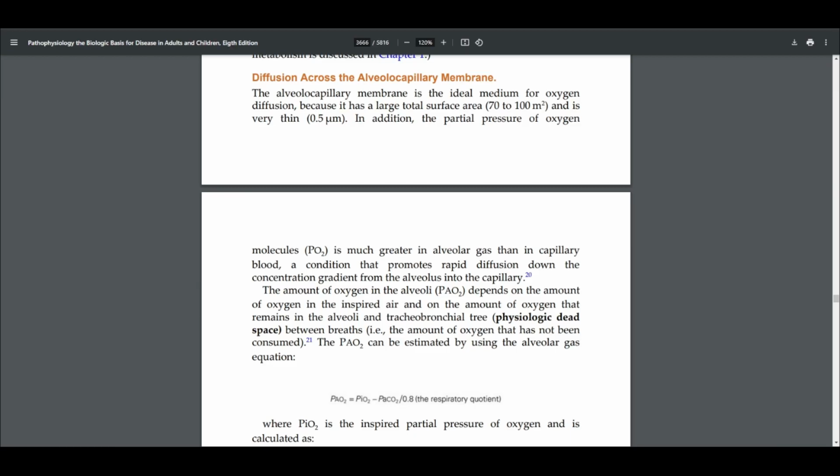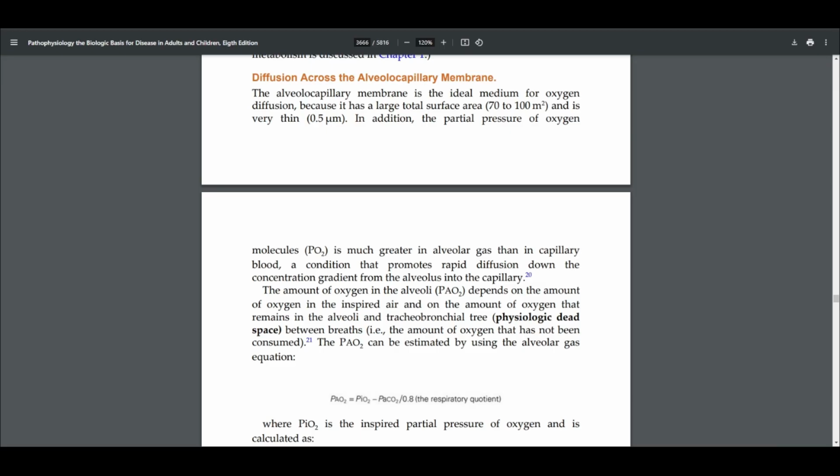Diffusion across the alveolar capillary membrane. The alveolar capillary membrane is the ideal medium for oxygen diffusion because it has a large total surface area, again that 70 to 100 square meters, and is very thin, 0.5 micrometer.